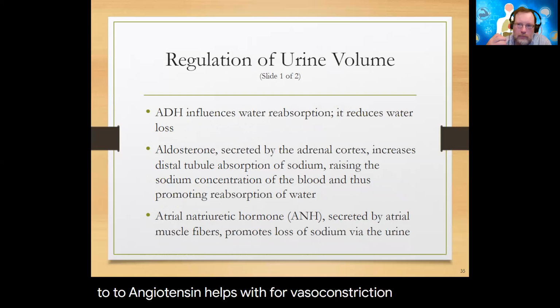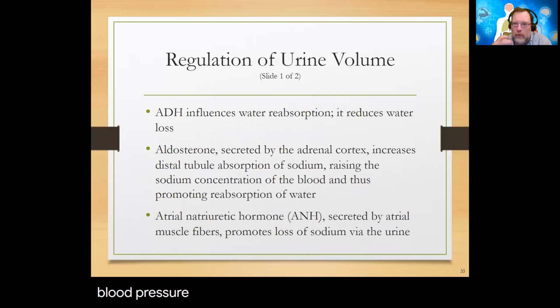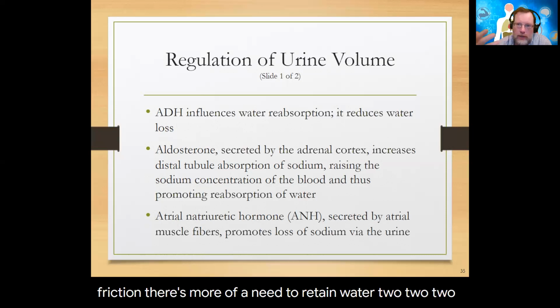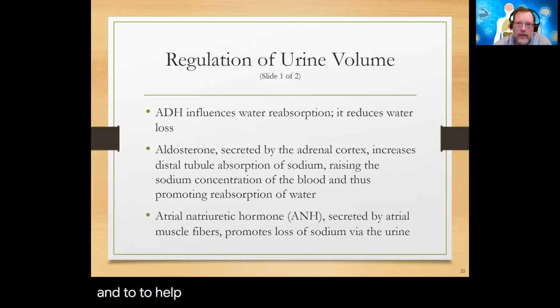It increases blood pressure. When we need an increase in blood pressure under stress, aldosterone helps the body retain water when we're under stress because there's more friction. There's more of a need to retain water to hydrate and to help with pH balance.